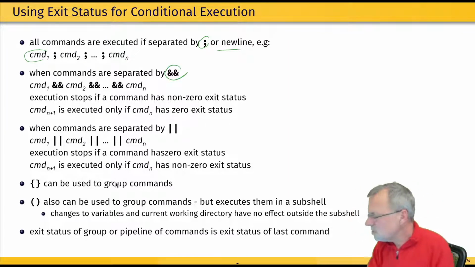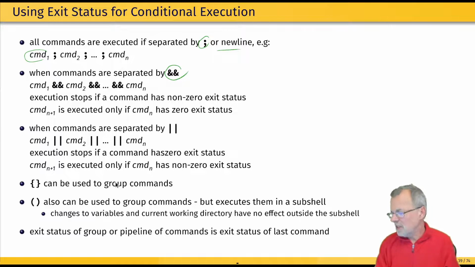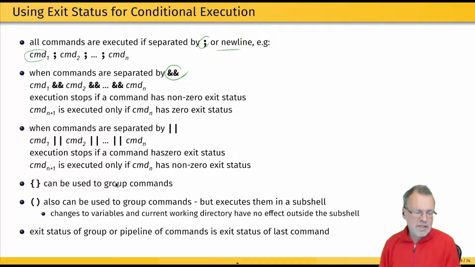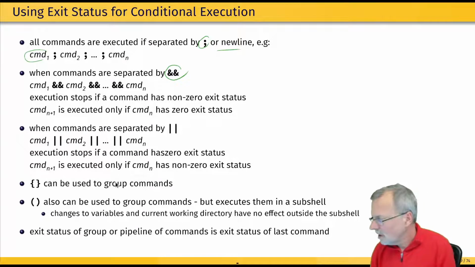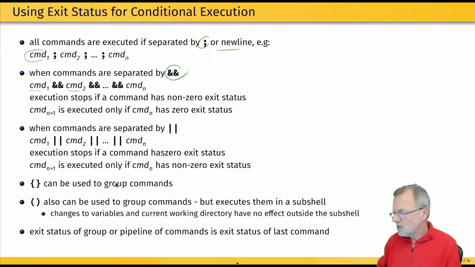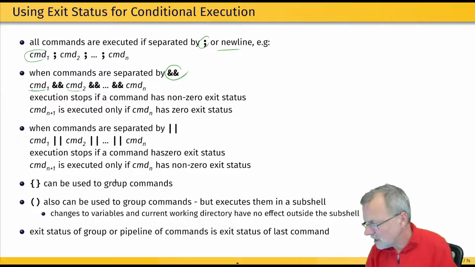You can use two ampersands, and that will only run the second command if the first command succeeds and exits with status 0. So you can chain commands together, and the execution will stop if any of them fail. If command 1 exits with status 0, then command 2 will be executed. If it exits with status 0, then command 3.